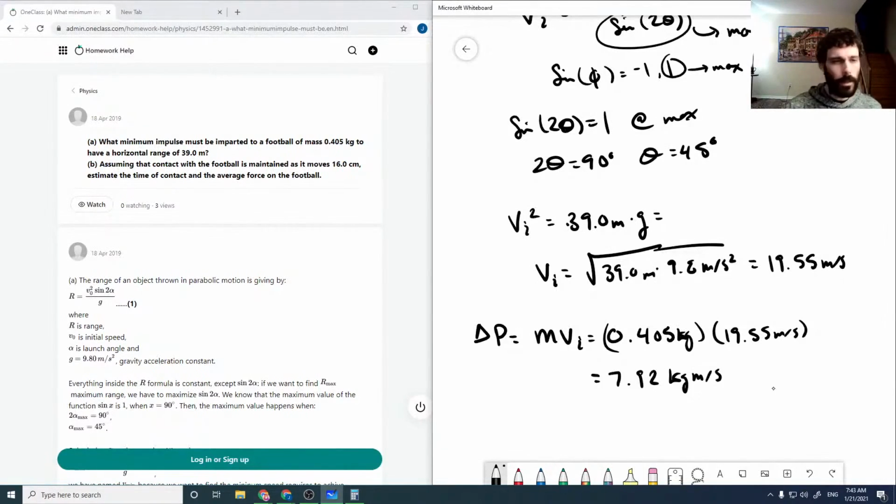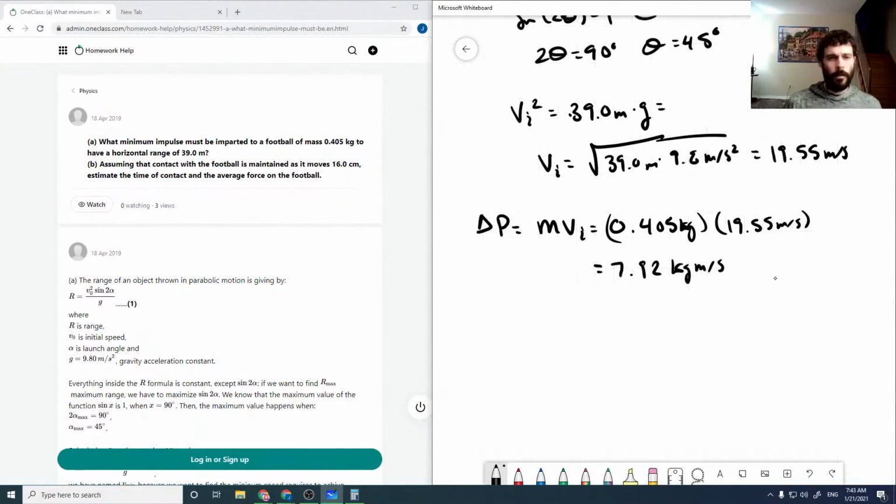So now part B. We're going to assume that contact is maintained through a delta x of 16 centimeters. It asks us to estimate the time of contact.